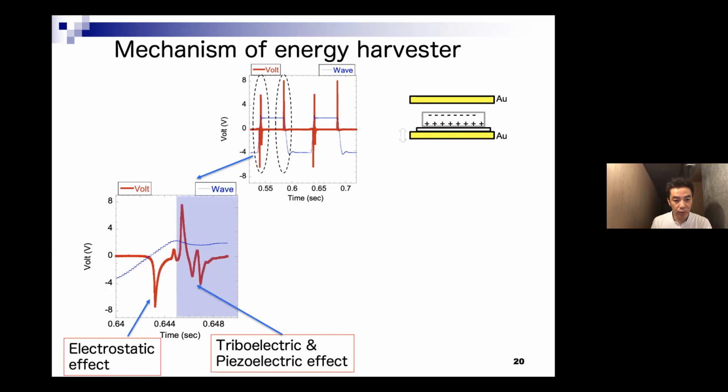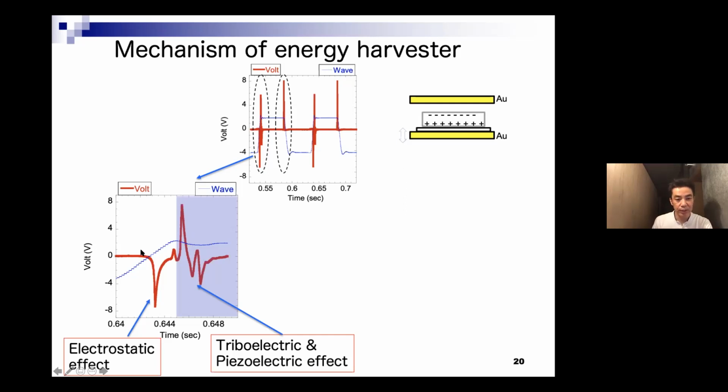Before the electrode attached, we can see some current like this, and when it attached, we can see several signals.